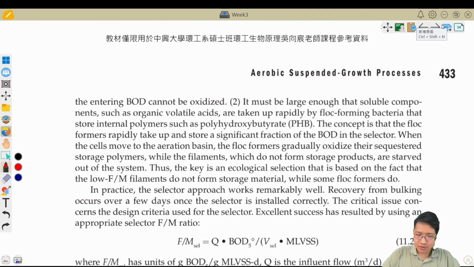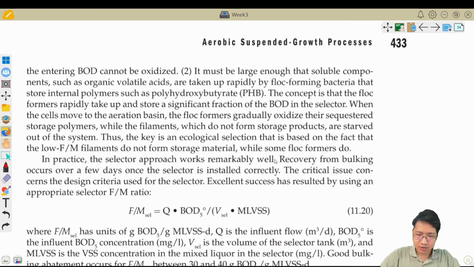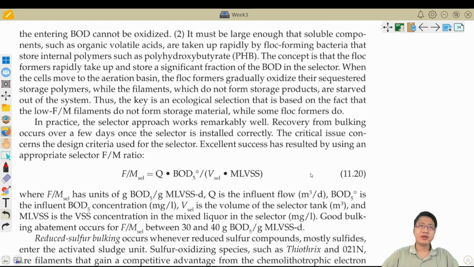So this is the strategy we use to prevent low F/M ratio bulking.